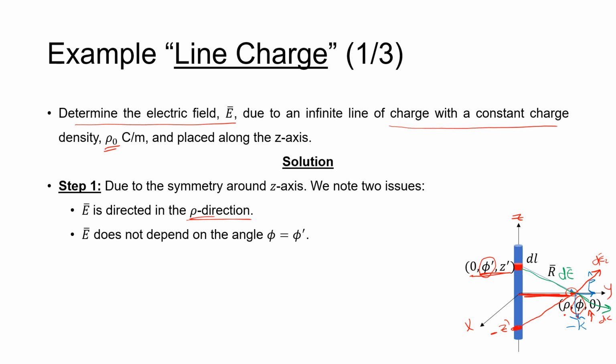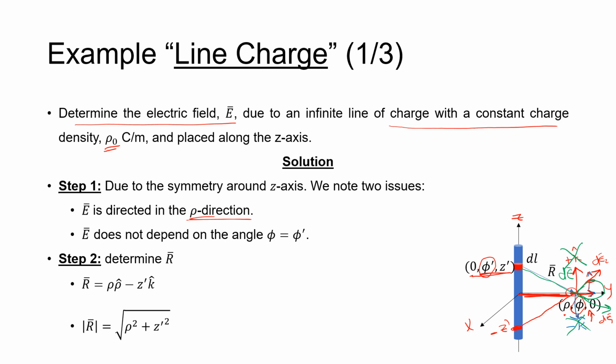If you analyze delta E2, it will again have a component in the rho direction and another component in the positive k direction. In that case, the positive k direction and negative k direction components will always cancel each other, and you will be left with the rho direction component. So this is very important for our solution, to make it easier.